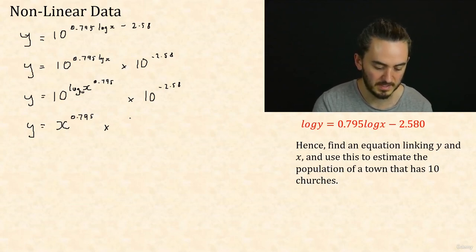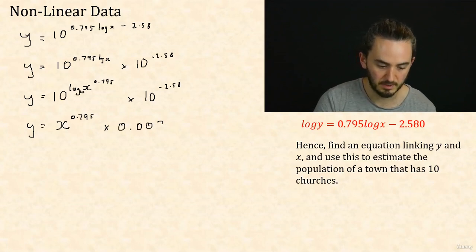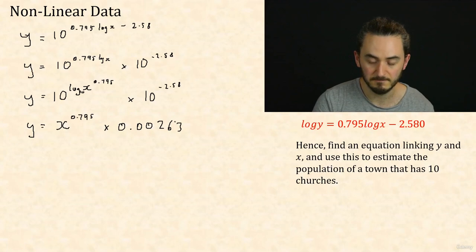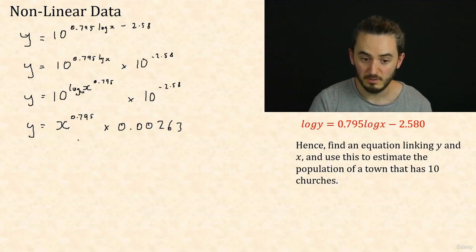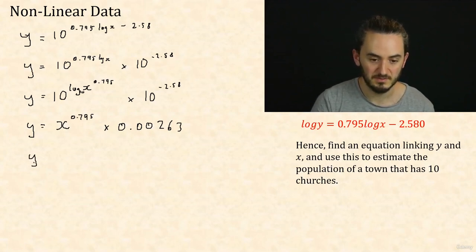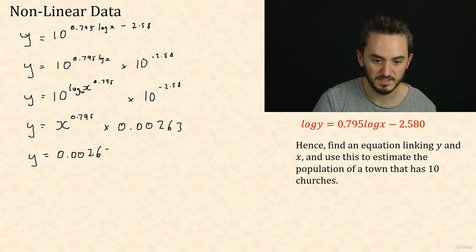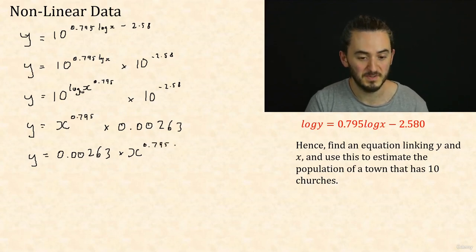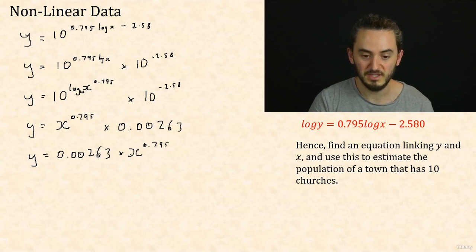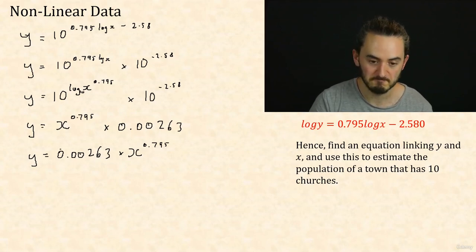It's just something we can key in the calculator. 10 to the power of minus 2.58 is 0.00263. So that's actually my answer. Just rewrite it in a nicer order, it's 0.00263 times x to the power of 0.795. So this is supposed to be an equation linking population x, number of churches y.